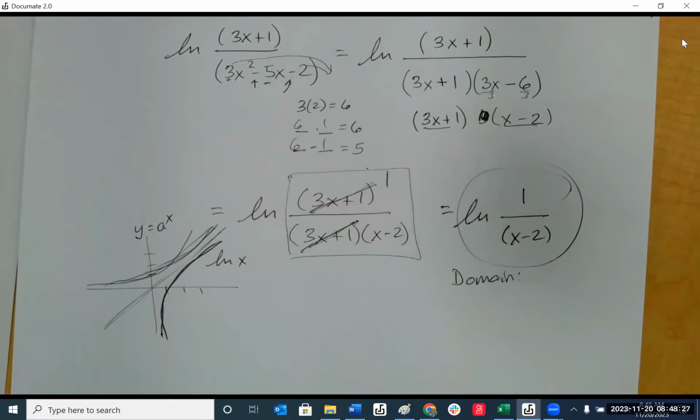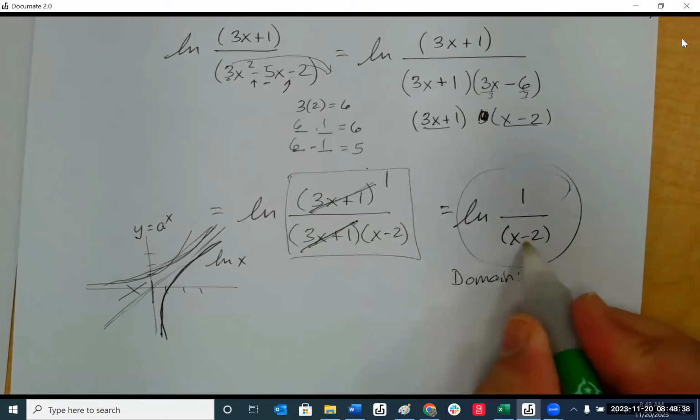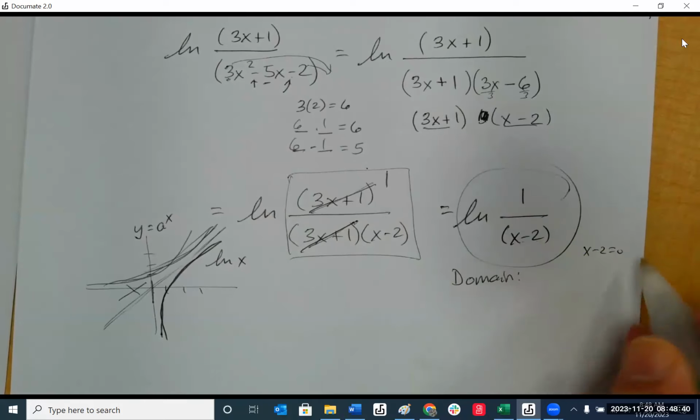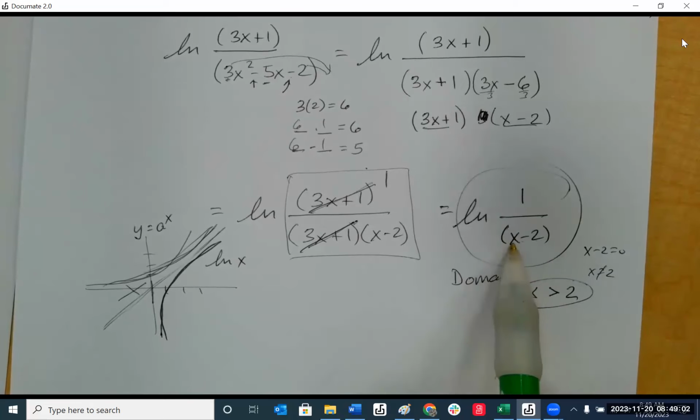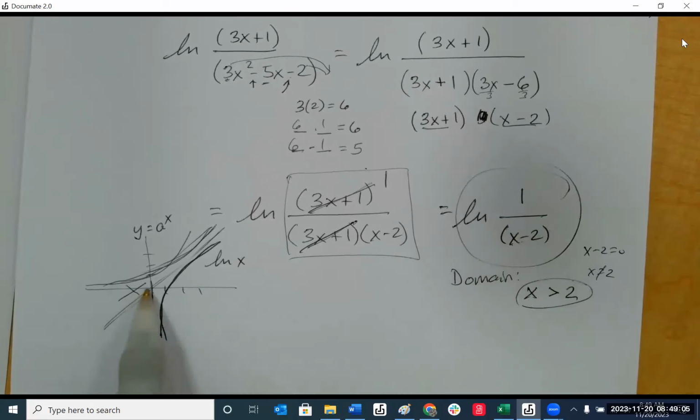That's the ln of x. The domain is it cannot equal 0 and it can't be negative. So x minus 2, set that equal to 0. So x cannot equal 2 or anything less than 2. That's my domain. Because anything less than 2, you have a negative on the bottom, and you cannot have a negative.